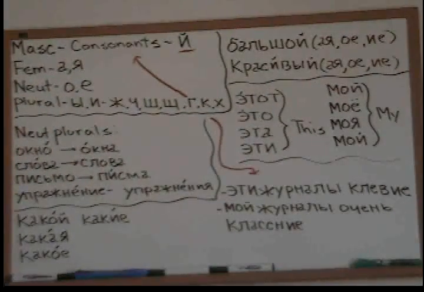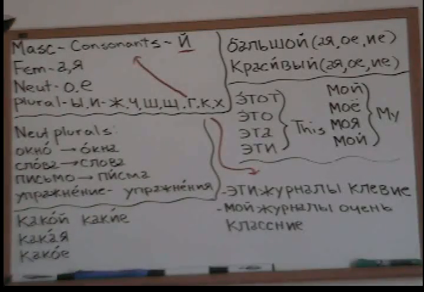So in this first part, we have gender and plural. First of all, let's talk about the masculine, feminine, neuter, and plurals. So in Russian, how do you identify masculine words?